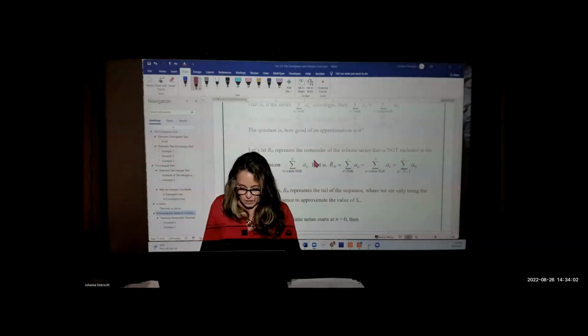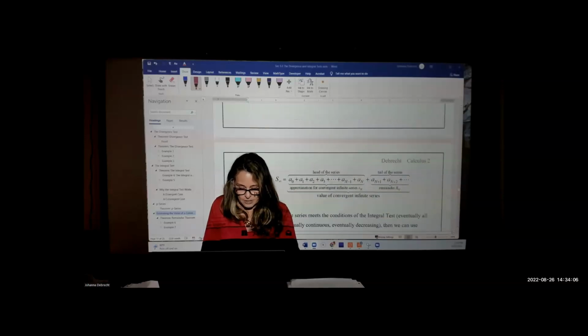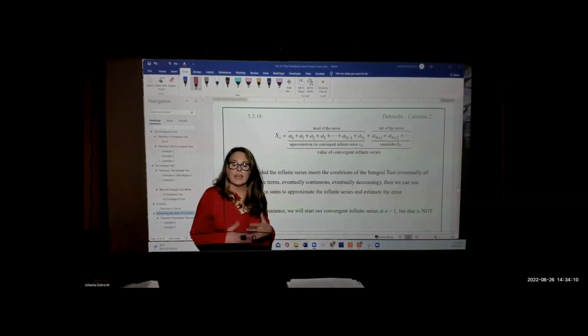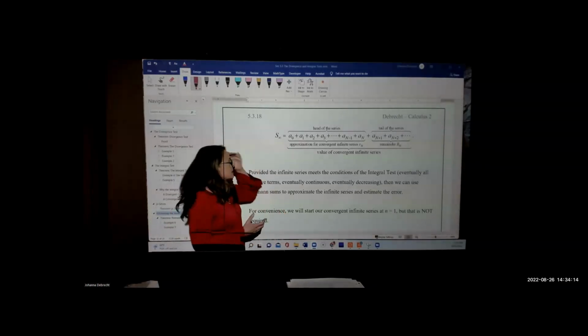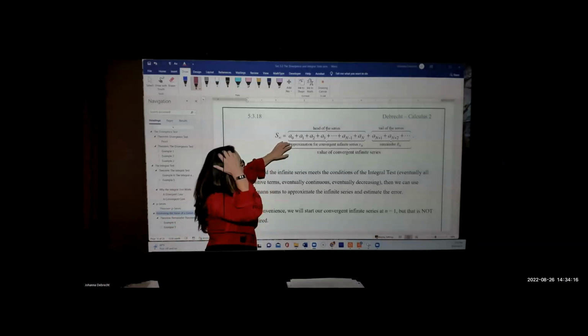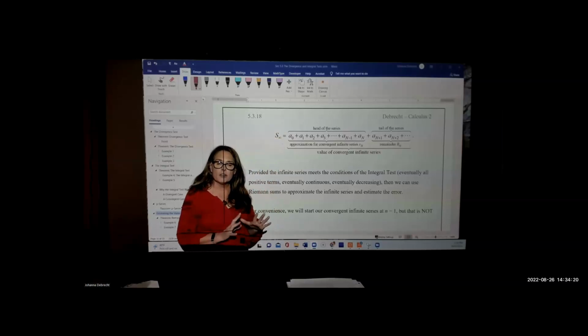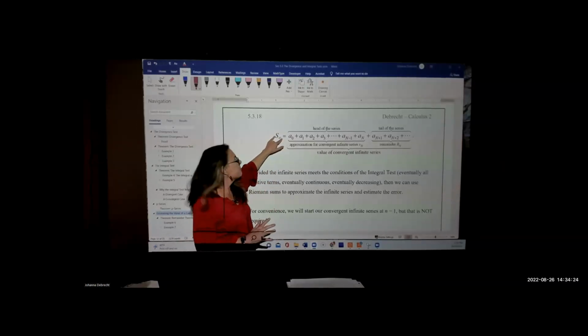So let's take a look now at what this would look like if we were to write it out. I assume that this particular sequence was starting with n equals 0, but it doesn't have to start at 0. It's the same idea. So starting at 0, if the series is convergent, adds up to a finite number, then we know S infinity is a finite number.